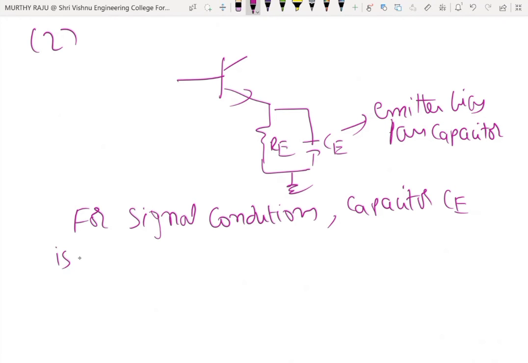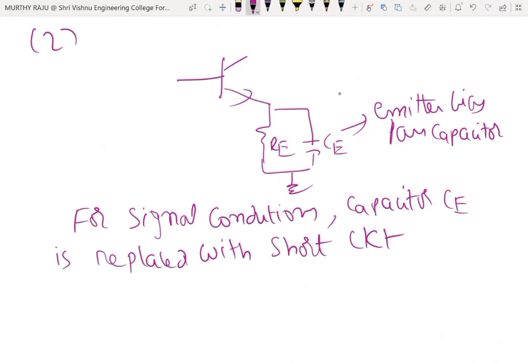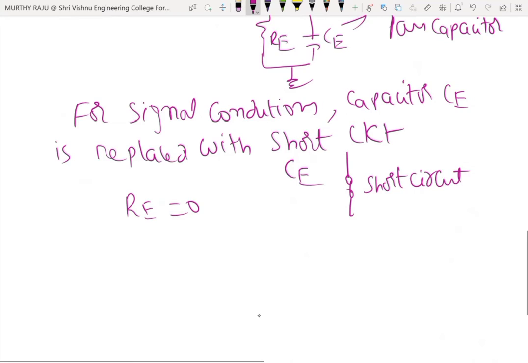Whenever the capacitor is replaced with a short circuit, RE is equal to 0. The emitter terminal is connected to ground.